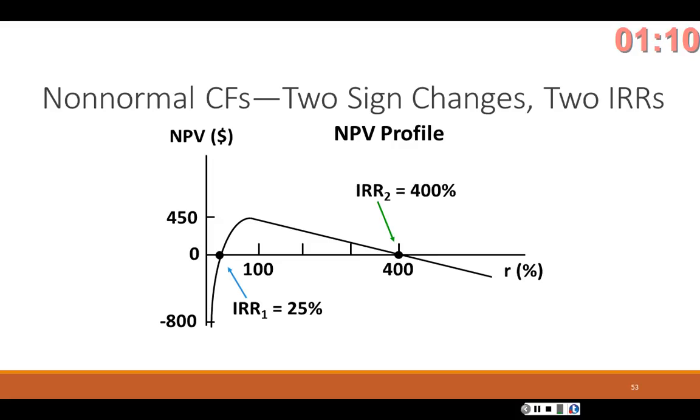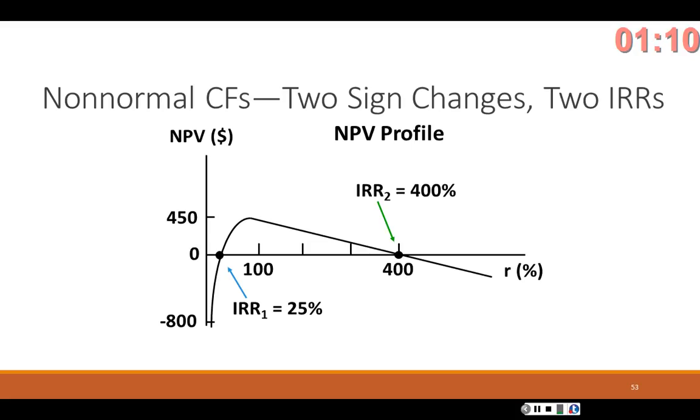So at very low discount rates, the present value of cash flow 2 is large and negative, so the net present value is going to be 0. At very high discount rates, the net present value again is going to be 0. In between these two discount rates, the second cash flow is going to be hit harder than the first, so the net present value is going to be greater than 0.